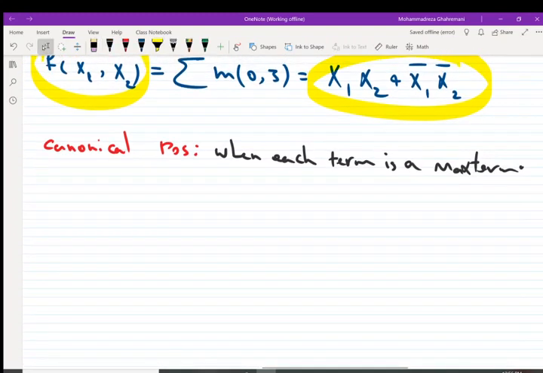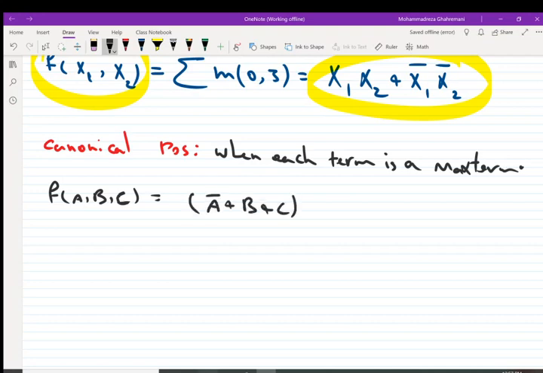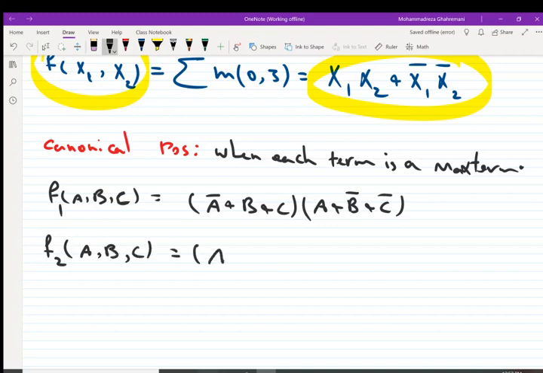For example, we have this function f1 of A, B, C, which is A bar plus B plus C, A plus B bar plus C bar. We have another function f2 of A, B, C, which is equal to A bar plus B plus C, A plus B bar.